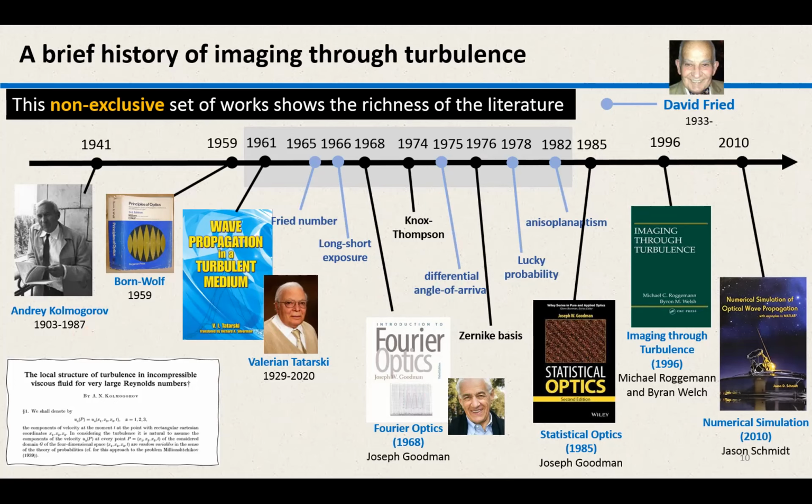But then I will also mention that the quote-unquote golden period happened during the 60s and the 80s. And that is attributed to many great researchers in this field, including Valerian Tatarskii, David Fried, Joe Goodman, and colleagues like that. They developed a range of very important results, helping us to understand the optics of turbulence. Nowadays, we're enjoying some books.